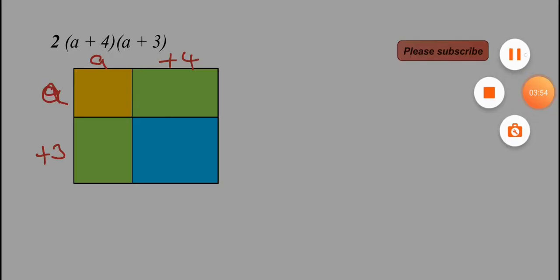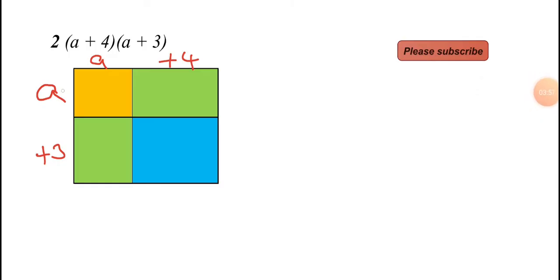And now question 2. The terms inside the first bracket will go on the top, so a plus 4. The contents of the second bracket will go along the side, so a plus 3. So inside the yellow square, a times a is a squared, and then the top green rectangle is 4 times a, which is 4a, and because it's all positive, I'm going to put a plus sign there.